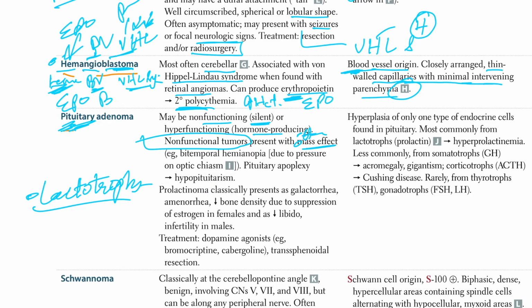Now, with the prolactinoma, you have an increase in prolactin. So that's going to present with galactorrhea, amenorrhea, decreased bone density due to suppression of estrogen in females, and decreased libido, infertility, gynecomastia in males. Again, we will talk about that in the endocrine section. But here, lactotroph prolactinoma and the signs and symptoms.